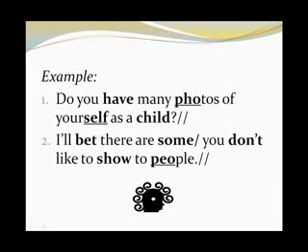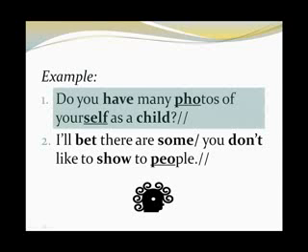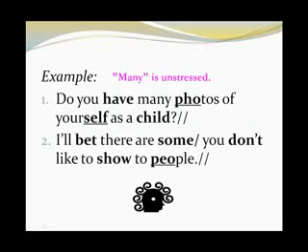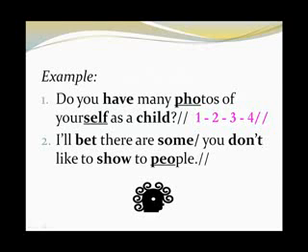Example 1. Do you have many photos of yourself as a child? In this example, I did not stress the word many. Many is a content word, but because we had too many stressed syllables together, there's a better flow if many is not stressed. So the resulting rhythm is 1 and 2 and 3 and 4.